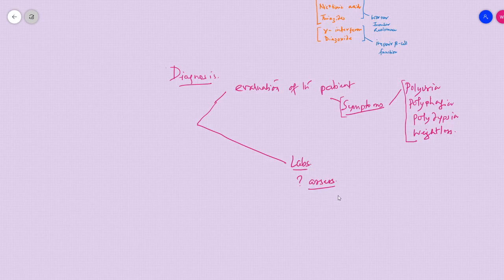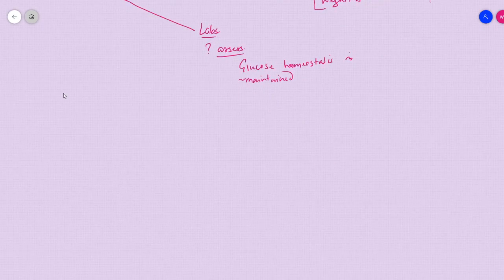Using labs, we are trying to assess whether glucose homeostasis is maintained in the fasting state or the fed state.